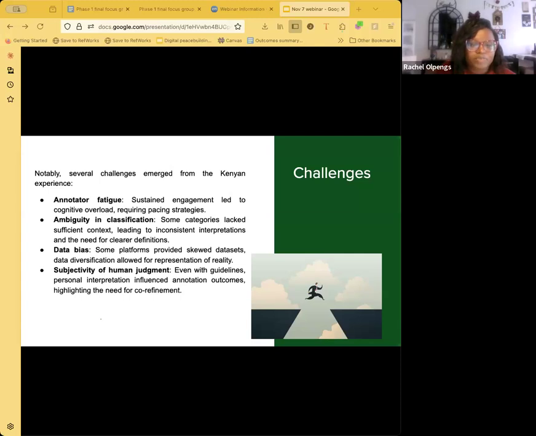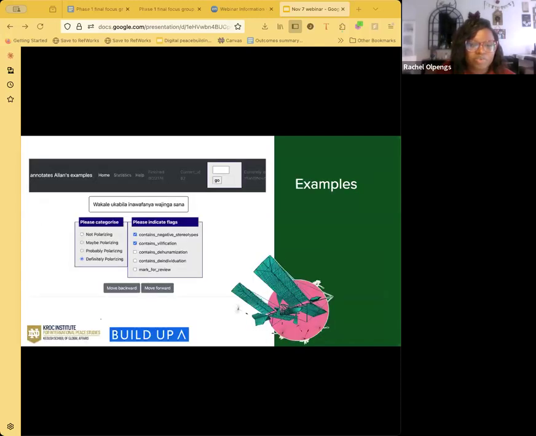These are examples of some of the data that we came across. So when Viola was talking about classification, before we even began annotating, the initial discussions we had were around co-creating this definition and this classification.